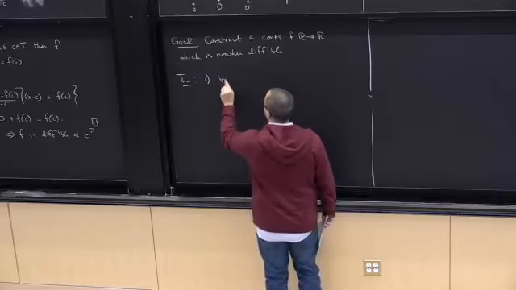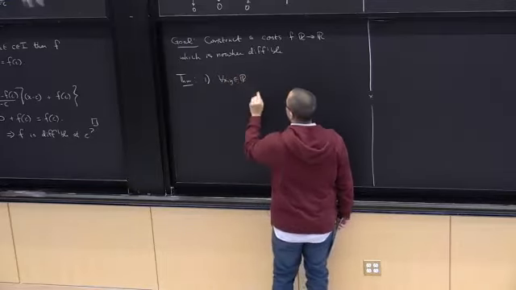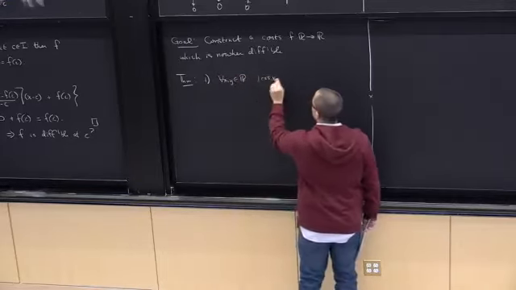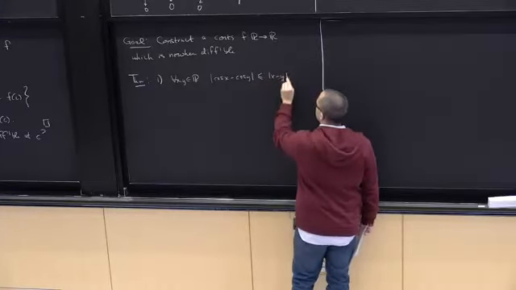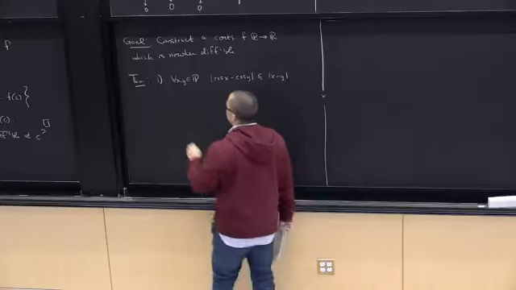But anyways, let's start off with some elementary facts about cosine. So first is that for all x and y, cosine x minus cosine y is less than or equal to the absolute value of x minus y.